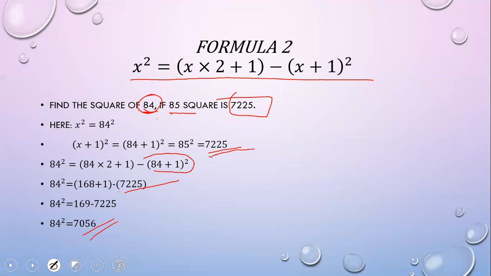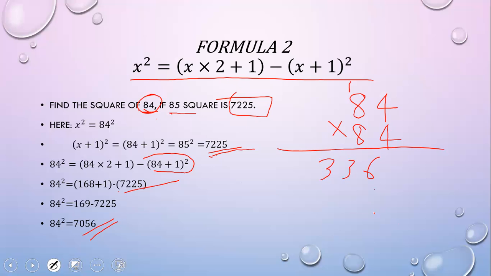And let me show you, or you can calculate it by yourself. 84 into 84, 4, 16, plus 33, plus 2, 67, we have 7056.